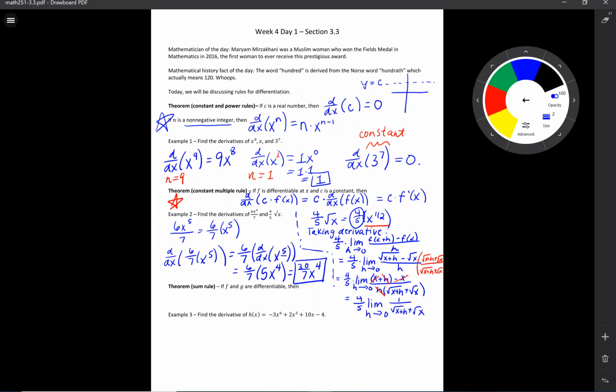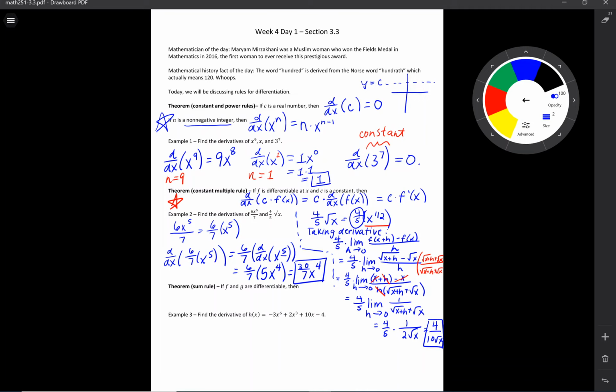So when I plug in h equals 0, I get 4/5 times 1 over, I end up with just a 2 root x on the bottom. And I can simplify this to 4 over 10 root x. So that is my derivative here. You could also simplify it to 2 over 5 root x. That's fine too.